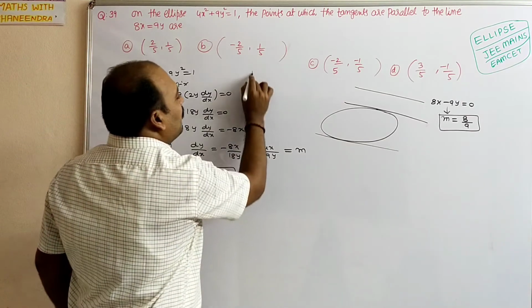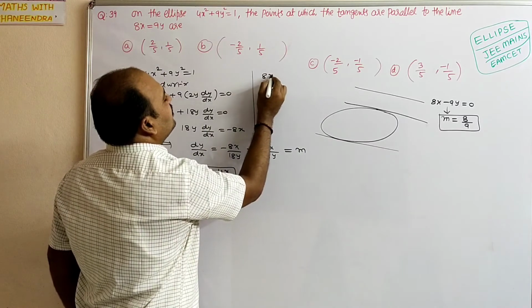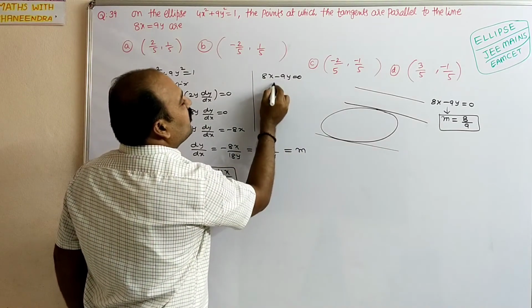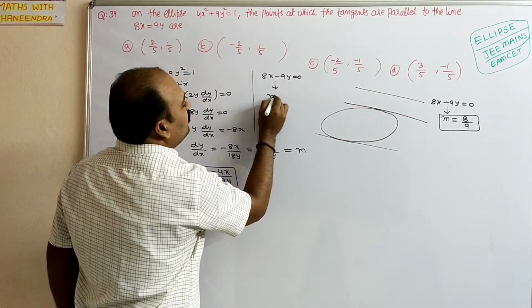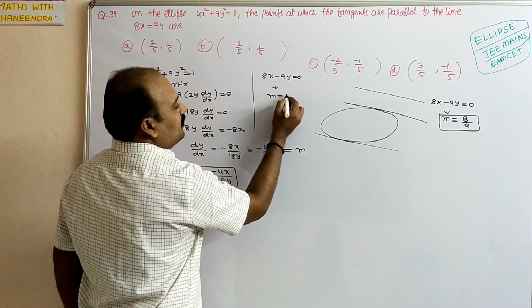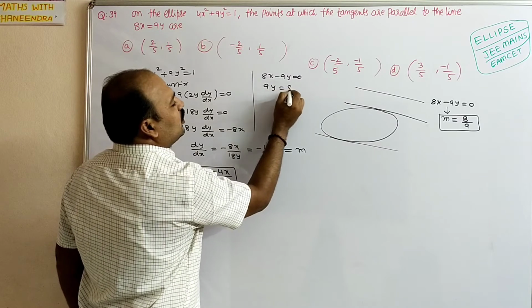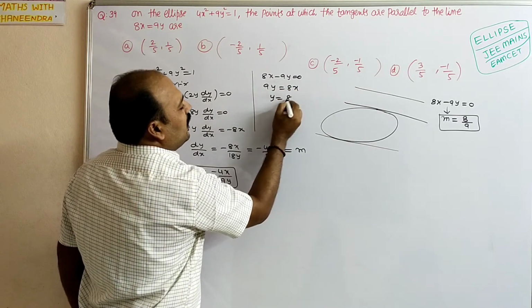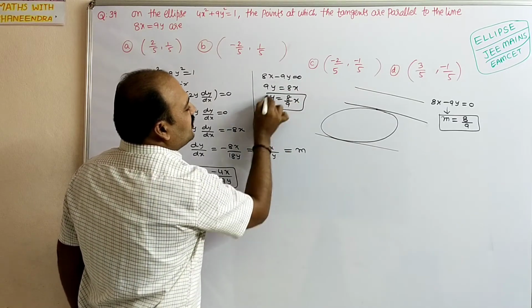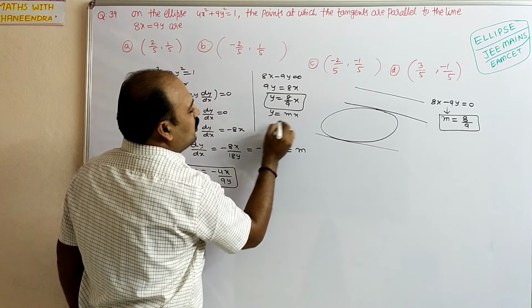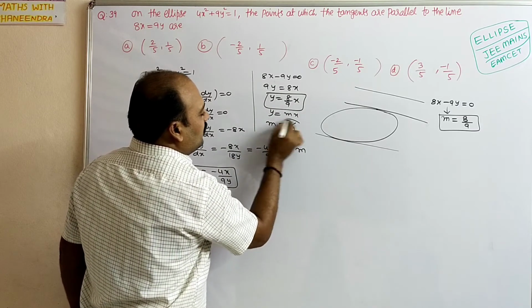And the line is 8x minus 9y equal to 0. I already wrote there, m is equal to minus x coefficient by y coefficient. Otherwise you can write like this: 9y is equal to 8x, compared with y is equal to mx plus c. So y is equal to mx means what? m is equal to 8 by 9.